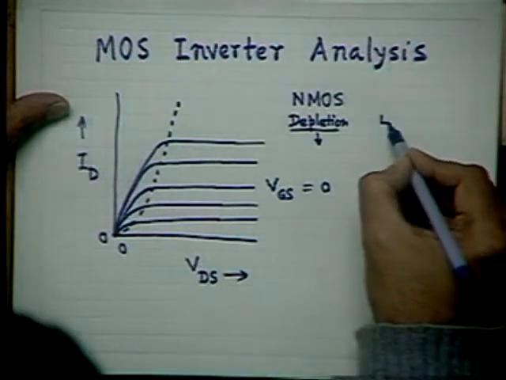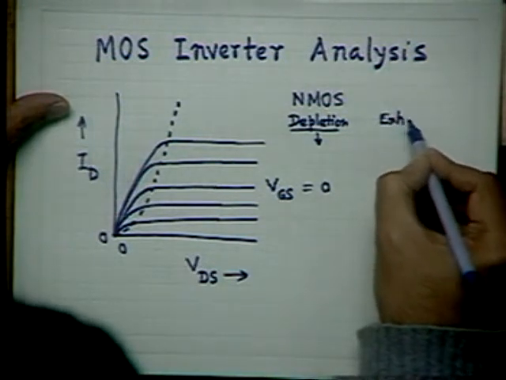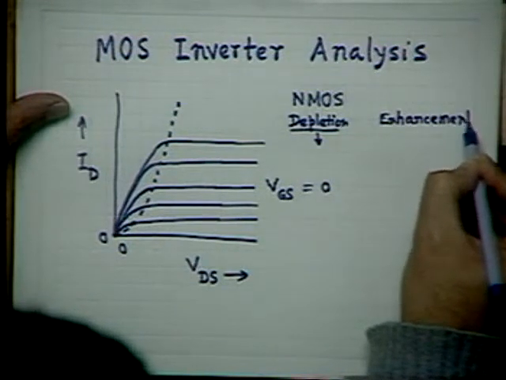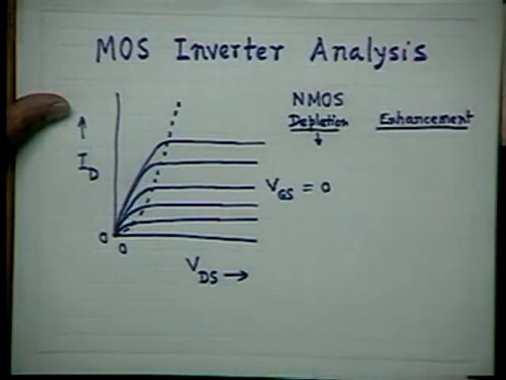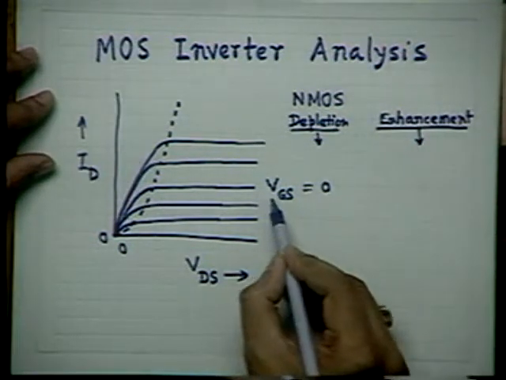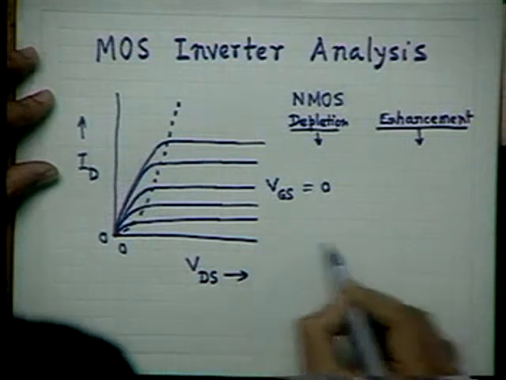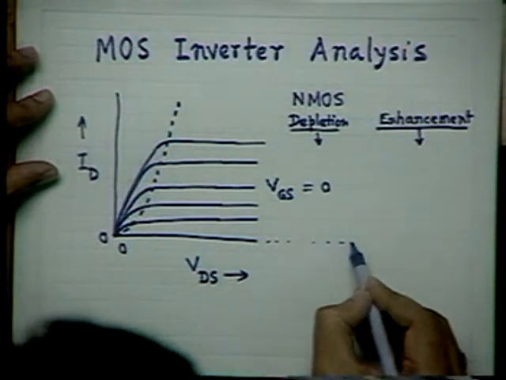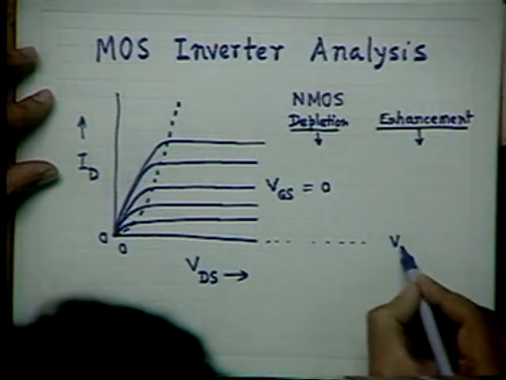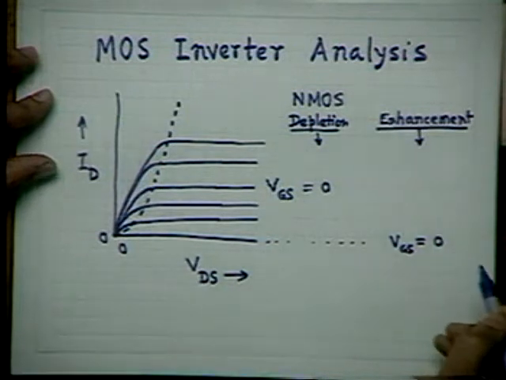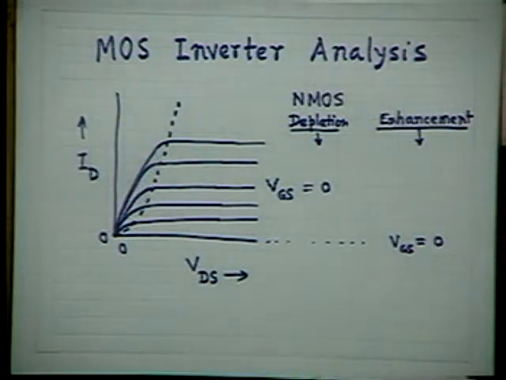For depletion mode. Whereas for enhancement mode operation, this curve is rather for this bottom one. The bottom one is for VGS equal to 0 or a negative bias.